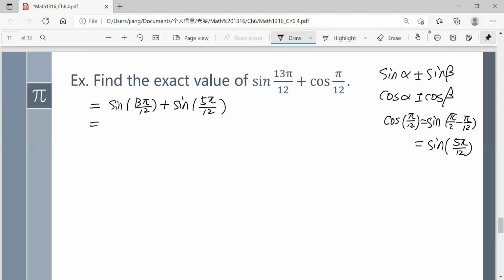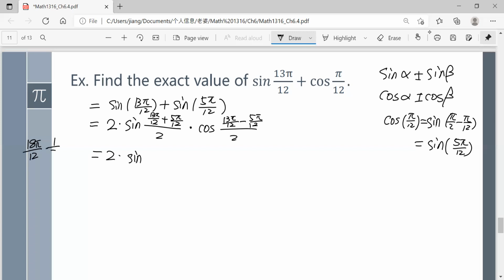So sine and sine, we use the sum to product. This equals 2 times sine of 13 pi over 12 plus 5 pi over 12, divided by 2, times cosine of 13 pi over 12 minus 5 pi over 12, divided by 2. 13 pi plus 5 pi is 18 pi, so 18 pi over 12 divided by 2 simplifies to 3 pi over 4.